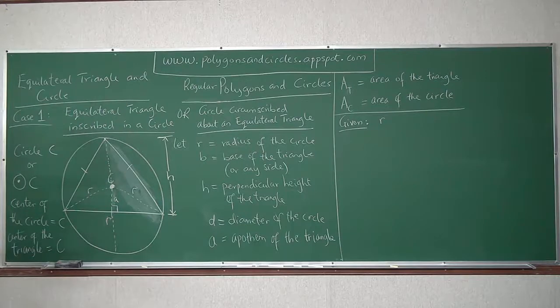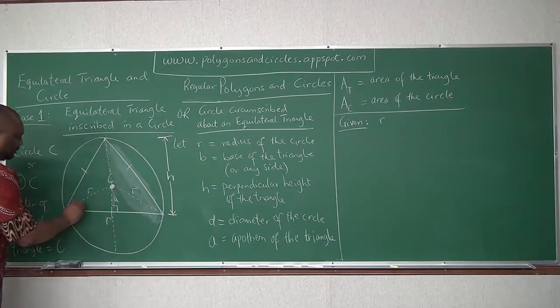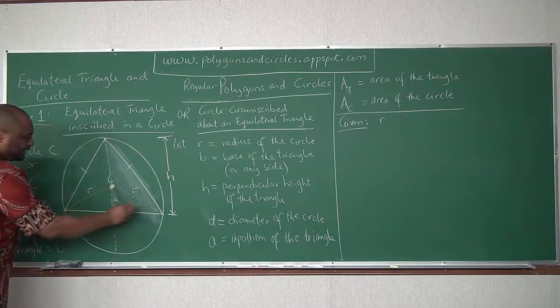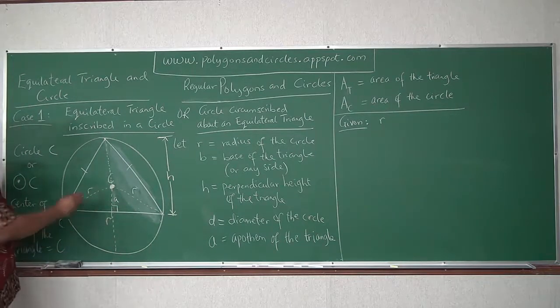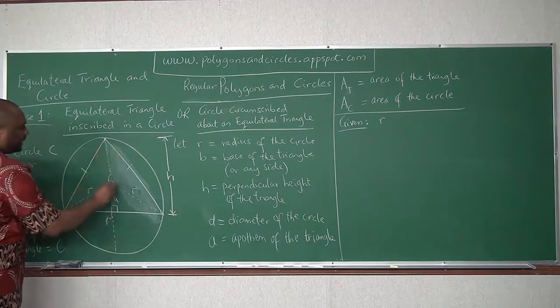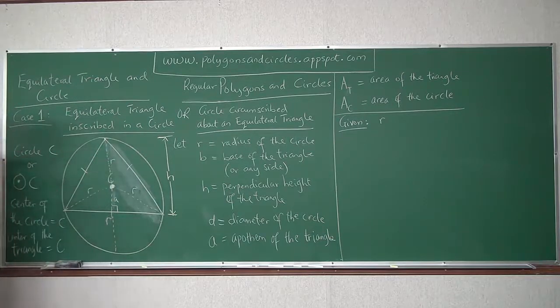We do know that each of the angles in an equilateral triangle is 60 degrees. And we also know that this is the radius, this is also the radius here, from here to here. So these are radii here.